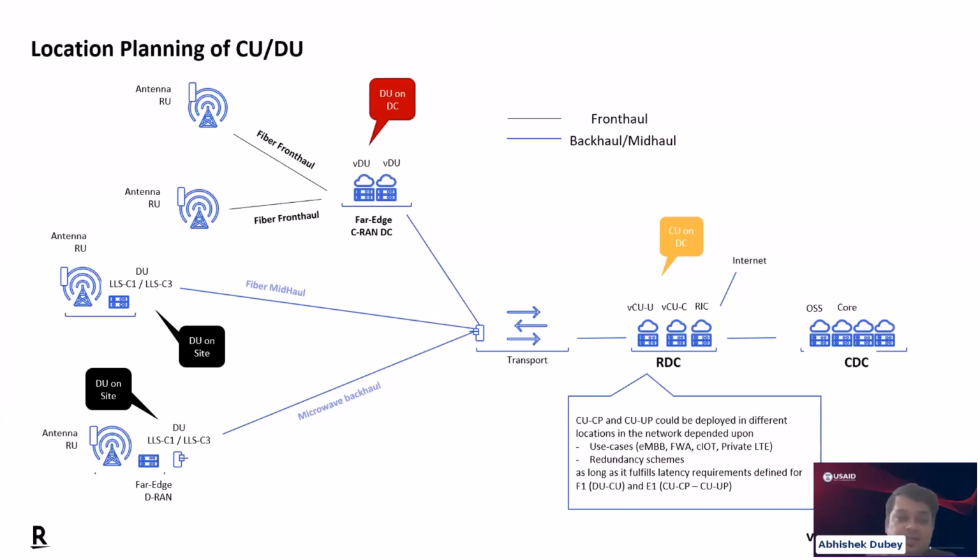There are three classes, actually four, but three are main: LLS C1, LLS C2, and LLS C3, which define which node the PTP and SYNC, required for synchronization of the DU and RU, are coming from. So you need to generate the grandmaster, and that grandmaster needs to be distributed to the boundary clock.